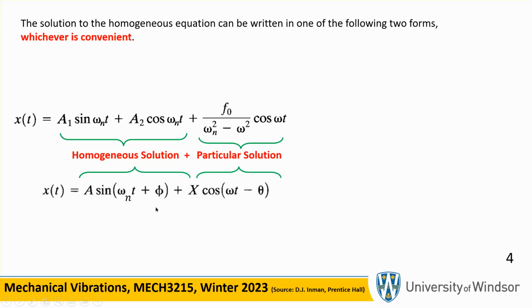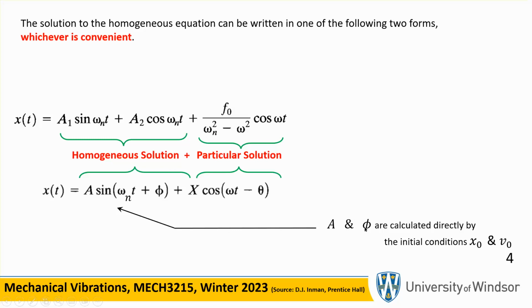So again, if you write it like this, combining these two using a trick, basically factoring out the square root of a1 squared plus a2 squared, something that we did two or three weeks ago, you can write it like that. Now, A and phi depend on the initial condition.